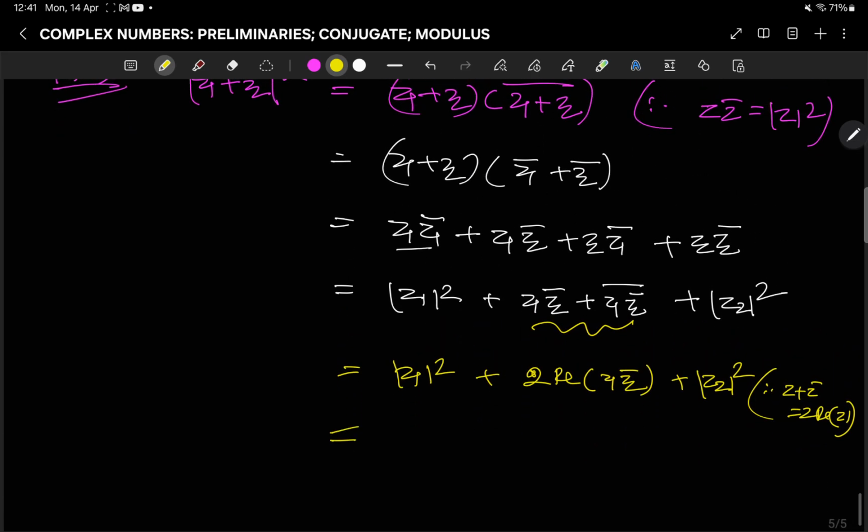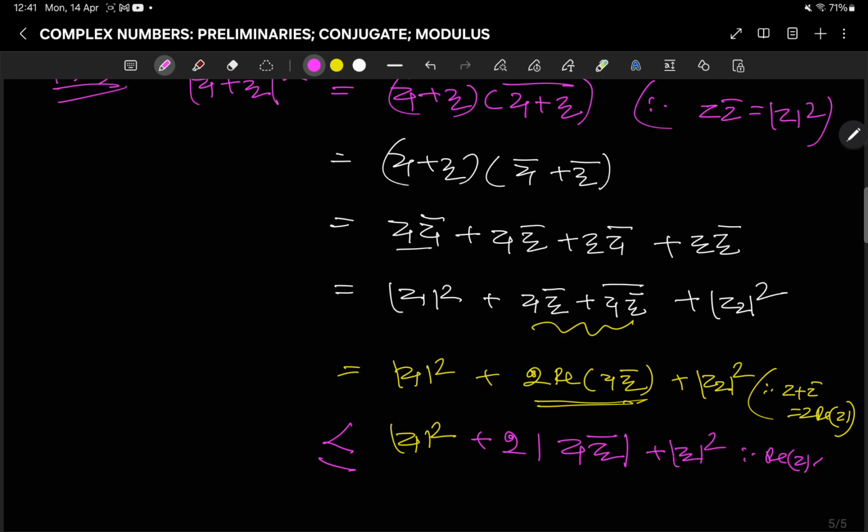So now you will be able to write mod z1 square, and you know real z is less than or equal to mod z, so you can write it here with a less than or equal to sign: twice mod of z1 z2 conjugate, plus mod z2 square, since real z is less than or equal to mod z.